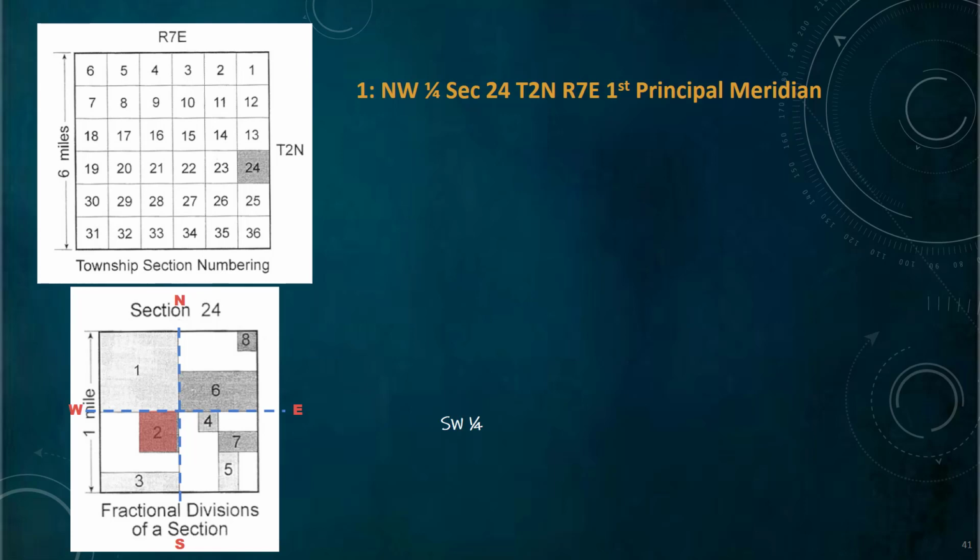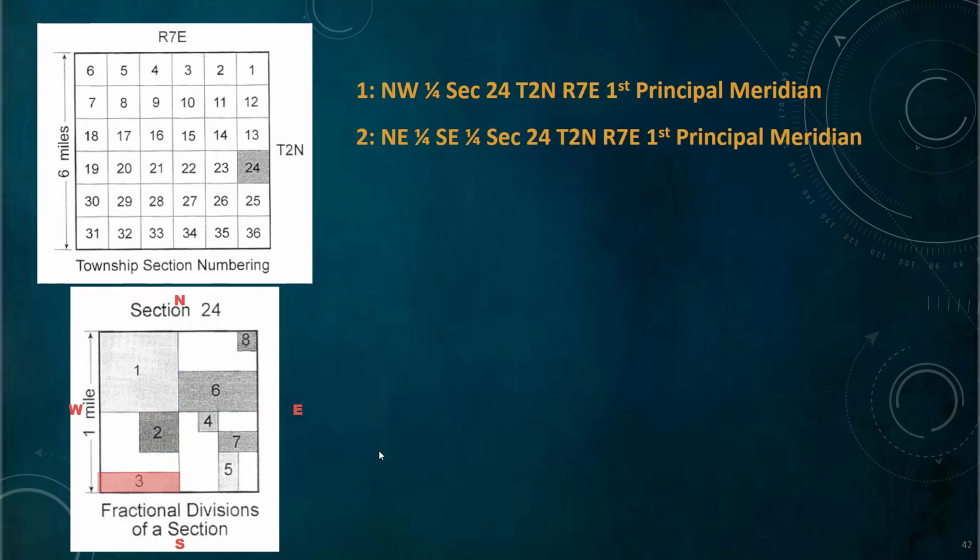Southwest quarter, perfectly fine. Meant it the whole time. Just kidding. All right, so southwest quarter, I'll divide it again, and then I'm in the northeast quarter, and then I'm done because I've filled that whole section, right? So the notation for this one would be the northwest quarter of the southwest quarter of section 24, township 2 north, range 7 east, first principal meridian.